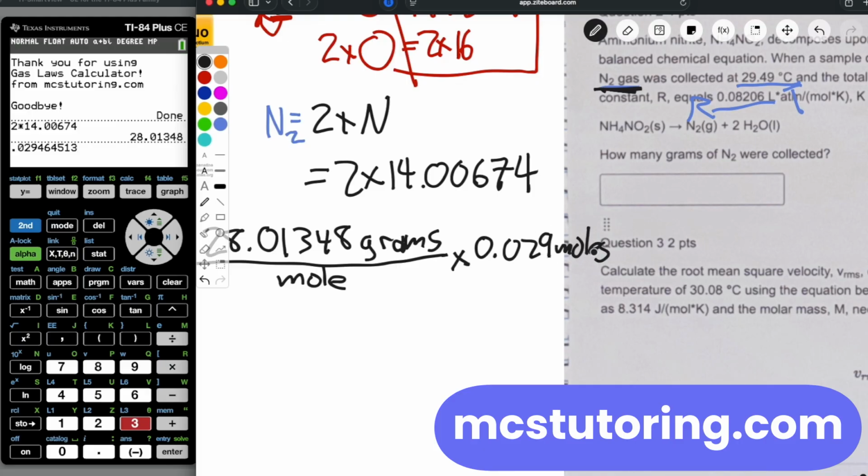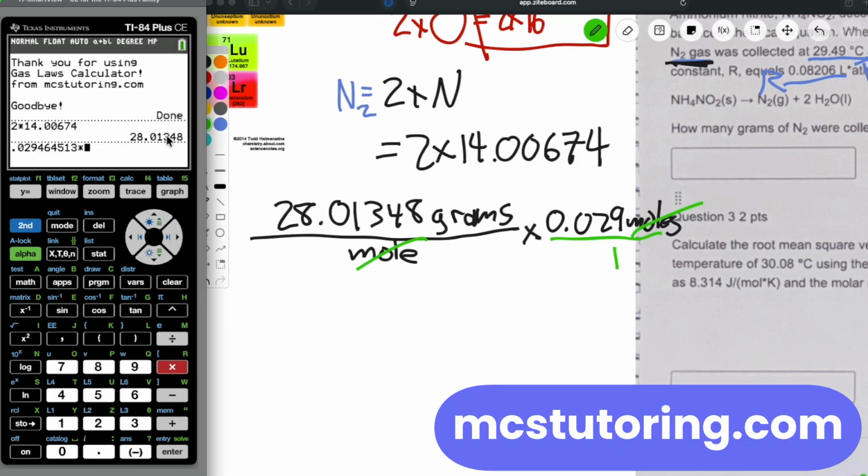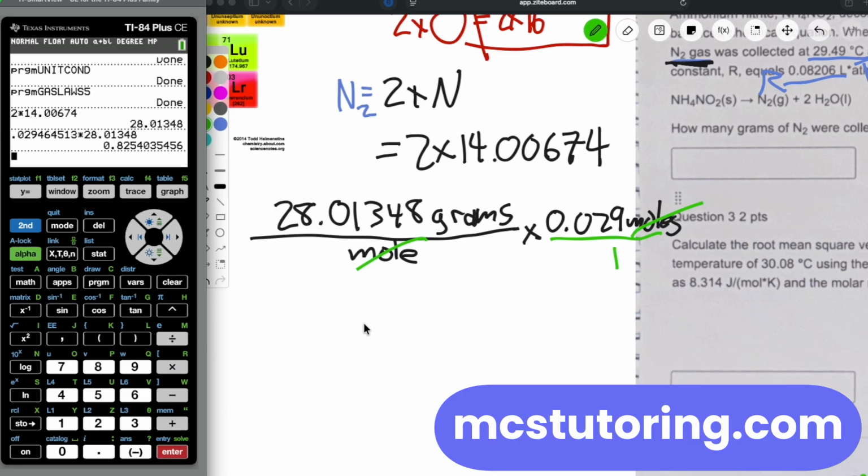And look, here's the cool thing. When converting units, if you have to do it by hand, this is like saying over 1, and then you kind of cross cancel this way. So I'm just going to multiply that 0.029 times that number up here. Instead of having to type it again, you can actually use the arrow key. That's super handy on this calculator. And press enter, so it entered that number for you, and then enter again.